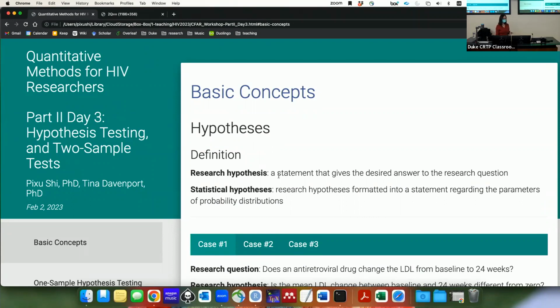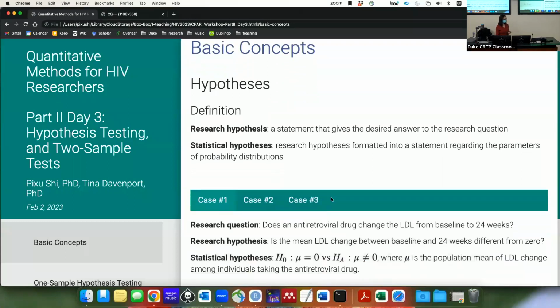For example, is A associated with B, or is certain group performing better than the other group? However, those languages need to be translated into a statistical hypothesis that is formatted into a statement regarding certain parameters so that you can use statistical tools to verify your hypothesis.